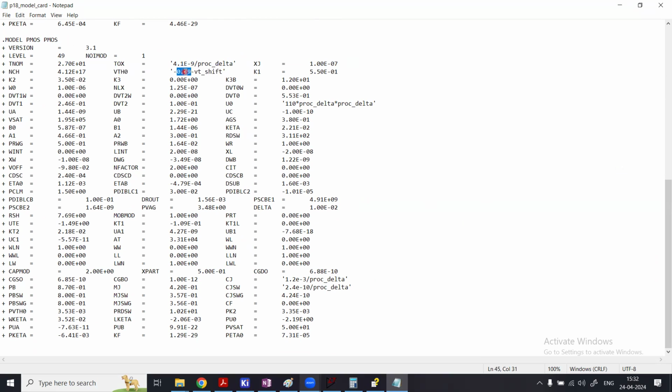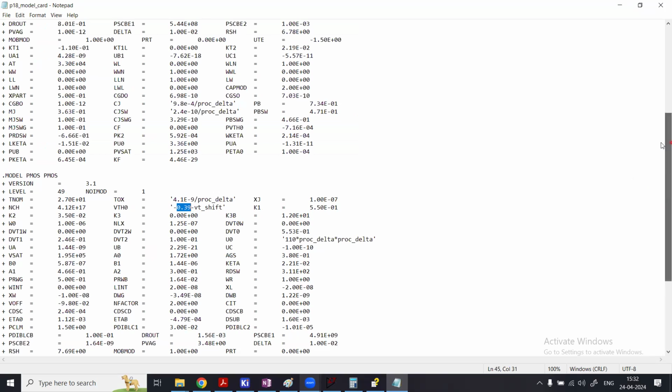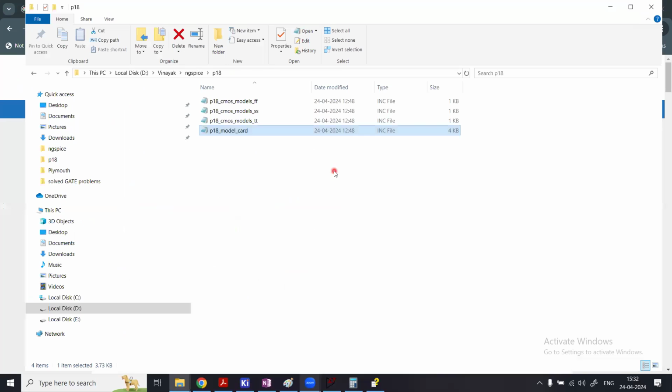So you see now the VTH is pretty low, just about 0.39 volts for PMOS and 0.36 for NMOS. So we just need a VGS a little bit greater than the VTH to make the transistor turn on. So that's it, and we are going to use this model file in our library.